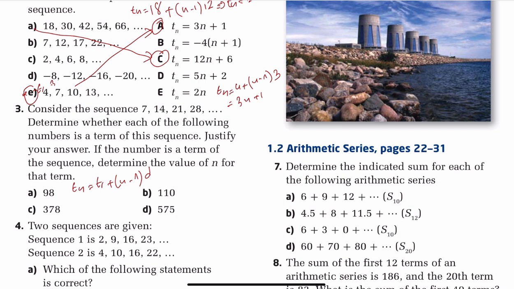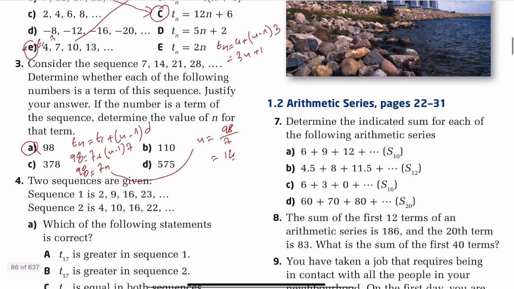So we can put 98 is equal to 7 plus n minus 1 times 7. So 98 is equal to 7n, which will give me n is equal to 98 divided by 7, which is 14. You can do the same thing for the other ones.